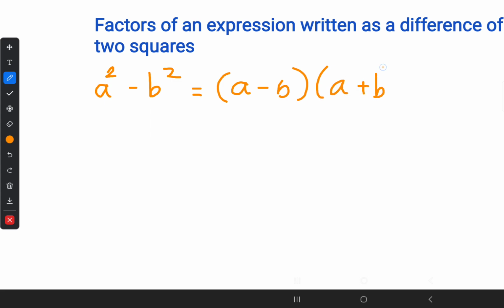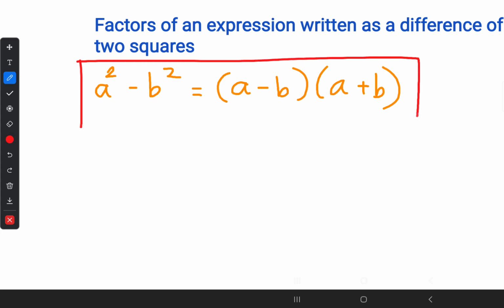This would be the factorization. One factor with minus, another factor with plus. This is the type you should remember while dealing with square numbers. So if the type is a square minus b square, factors would be a minus b into a plus b.